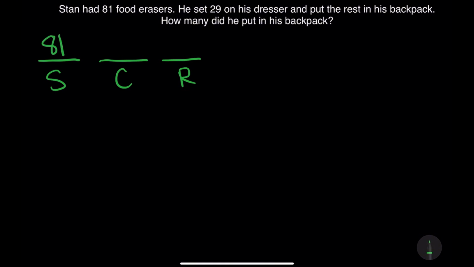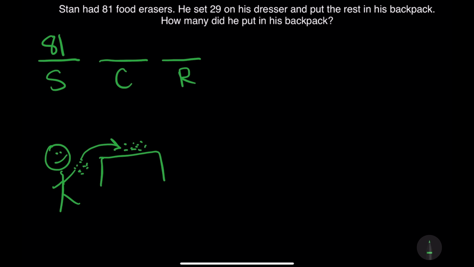He set 29 on his dresser. Okay, so here's Stan, and here's Stan's dresser. He had some food erasers, and then he set some on his dresser. So if I see a little movie in my mind, I can see that some of the erasers are going away.